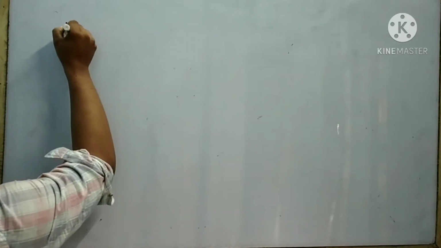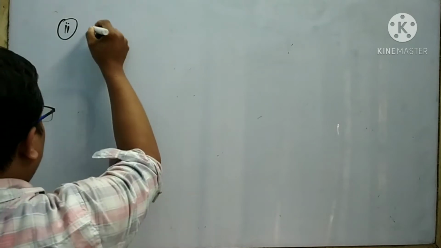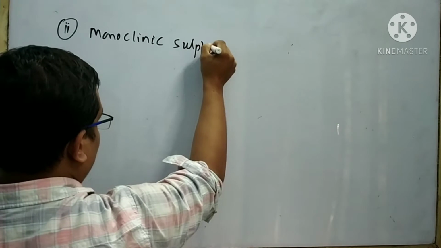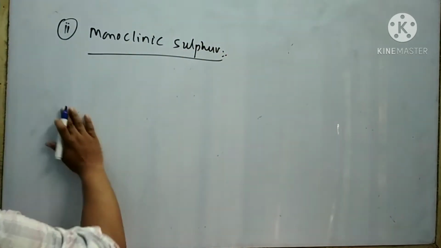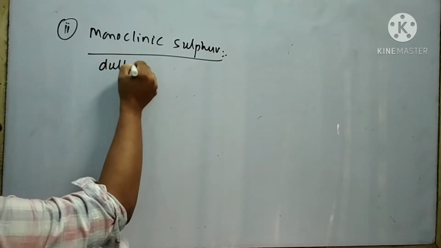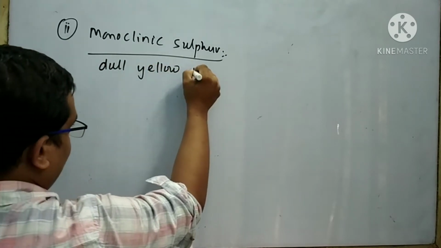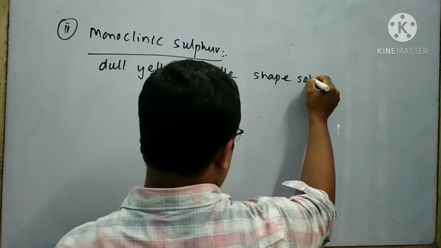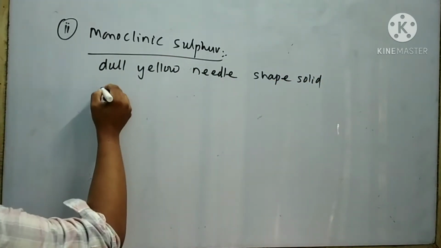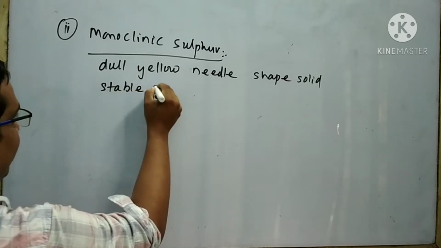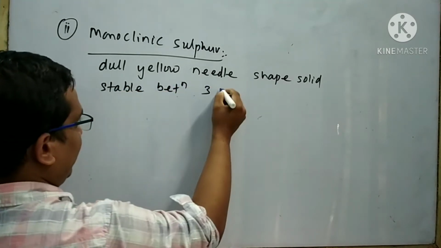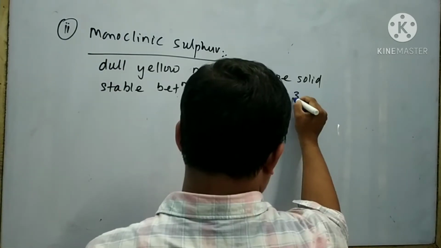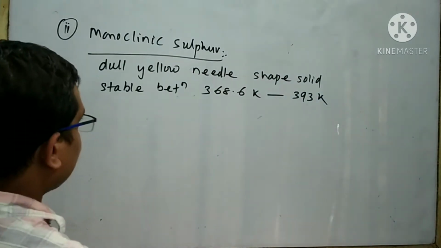Next allotropic form of sulfur is monoclinic sulfur. It is a dull yellow needle shaped solid. It is stable between 368.6 Kelvin to 393 Kelvin.